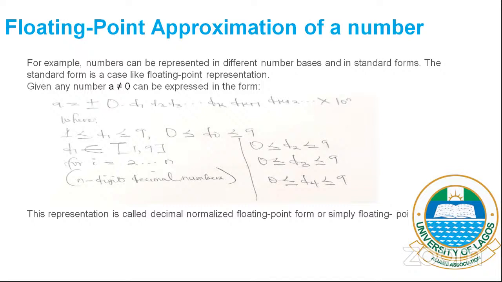If you are to write this in a more general term, it is 1 less than or equal to d1 less than or equal to 9. Then we also have 0 less than or equal to di less than or equal to 9. Now, this is like a closed interval, because we cannot have anything from 9 to the right that will exceed 9, or from 1 to the left.